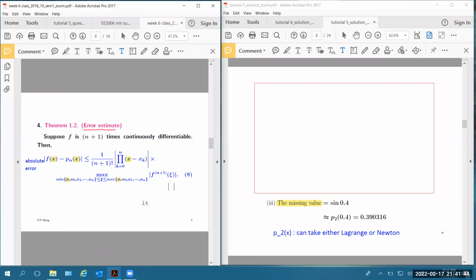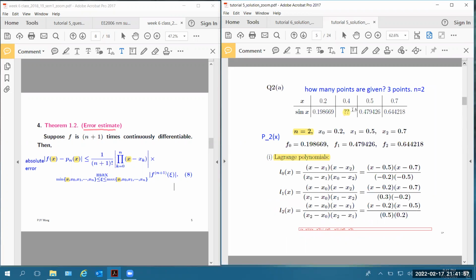Now I'm going to apply this to our problem. You want to find the error estimate, right? Maybe I go to the beginning of the problem. This is a table, right? I want to find out the error estimate for sine 0.4.